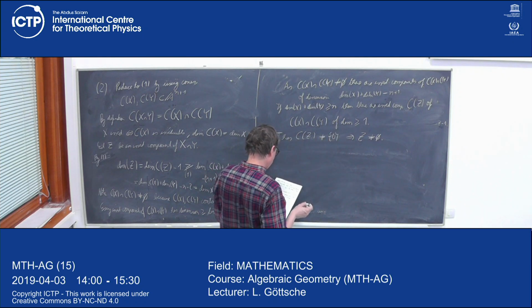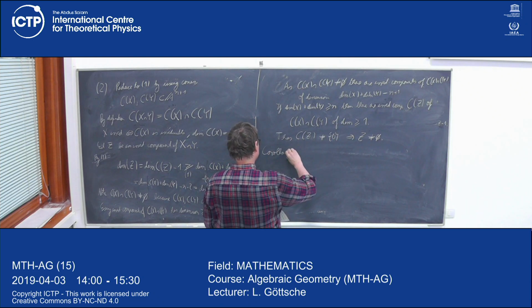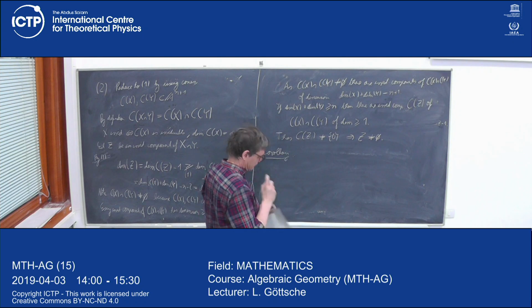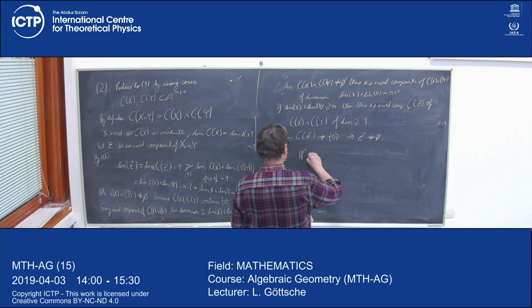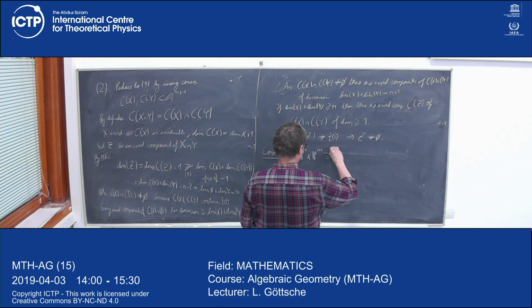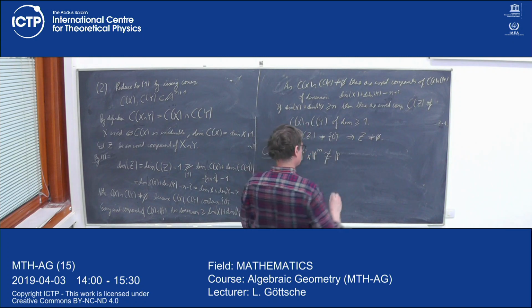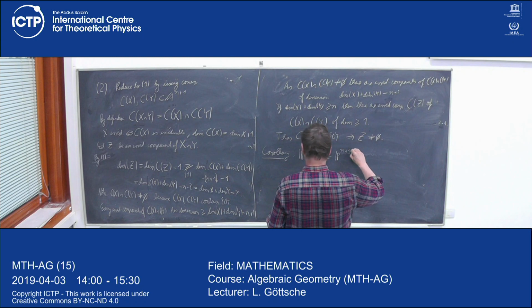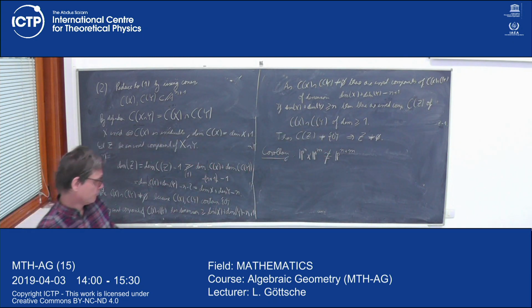So for instance, if we have Pn times Pm, this is not isomorphic to P^(n+m), just as an example.